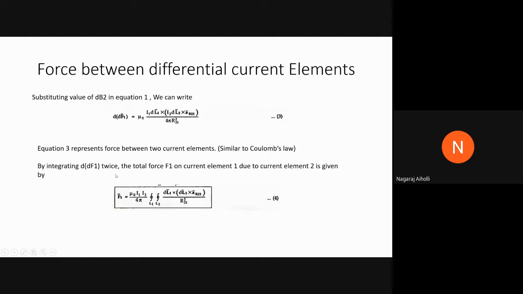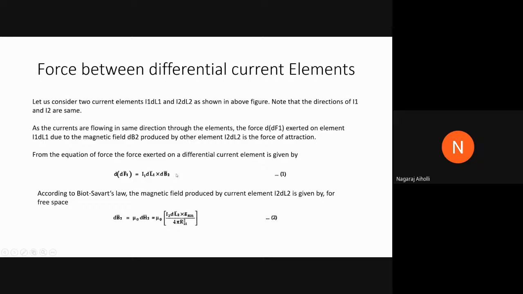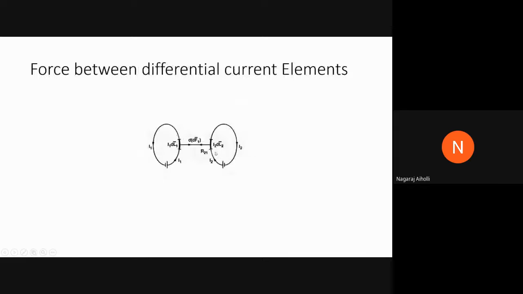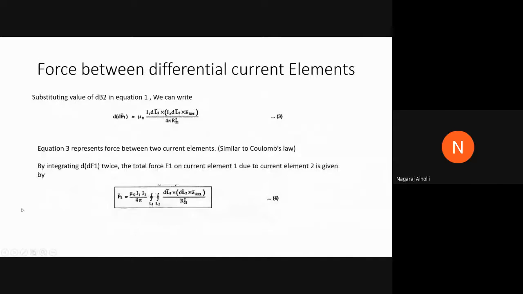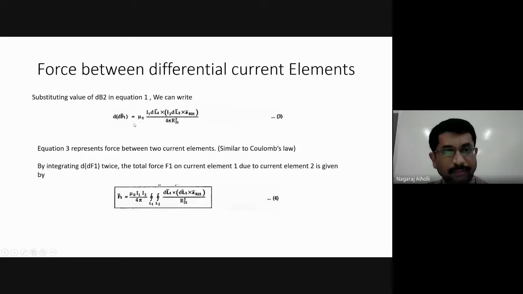By integrating dF1 twice, the total force F1 on current element 1 due to current element 2 is given by F1 bar equal to, constants are mu naught I1 I2 divided by 4 pi, take them outside, closed line integral L1 and closed line integral L2 of dL1 bar into dL2 bar into aR21 bar divided by R21 square.